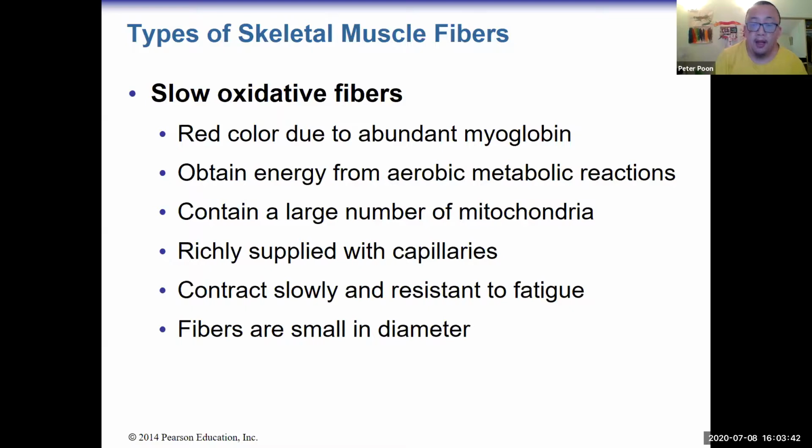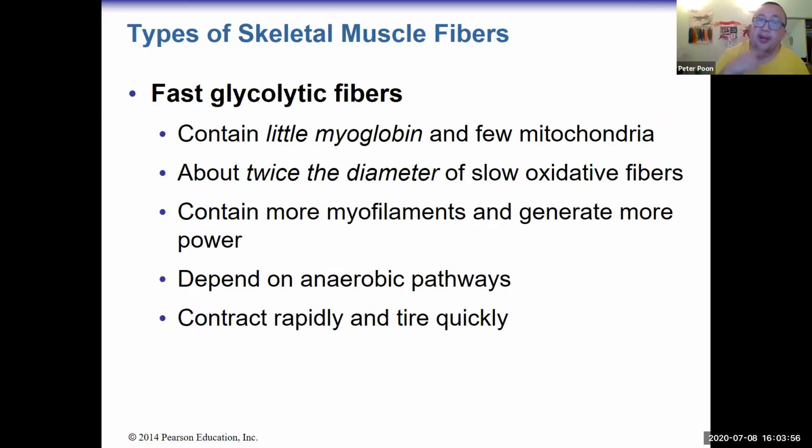The slow oxidative fiber people are going to be the marathon runners. They can go for mile after mile after mile. Fast glycolytic fibers are going to be the sprinters, or the power lifters. So fast, very powerful, tire very quickly.